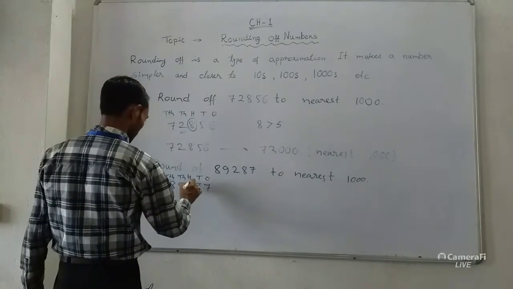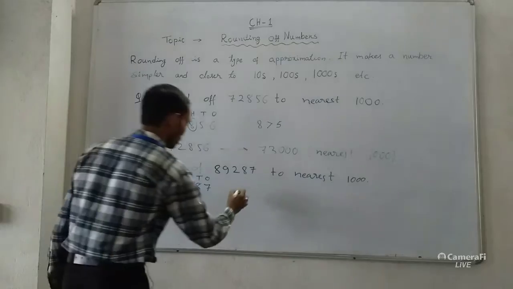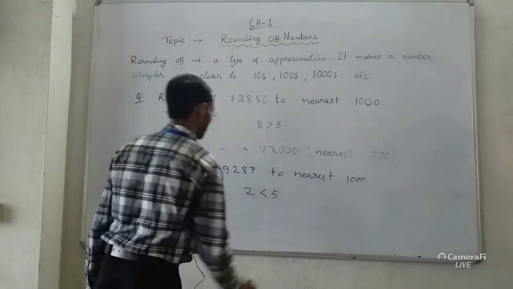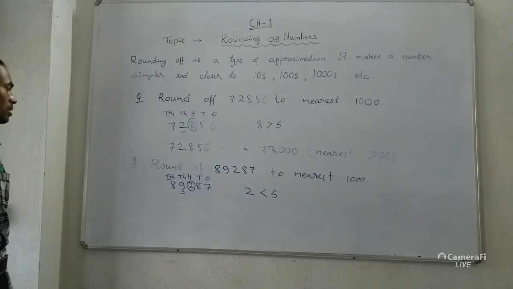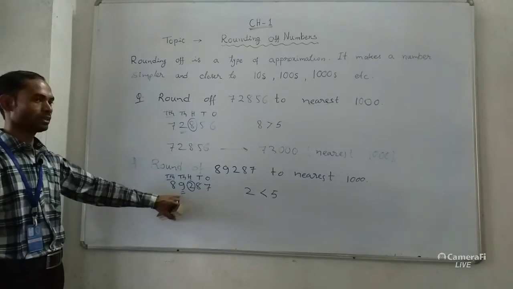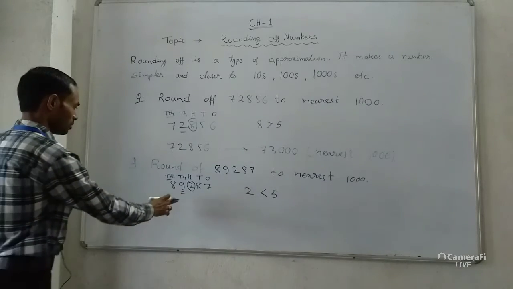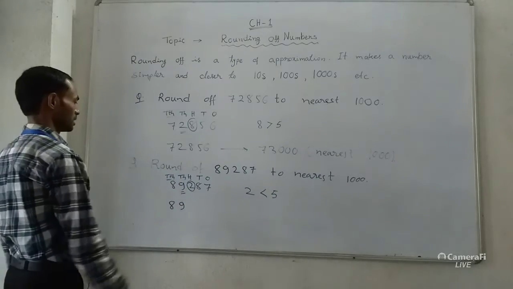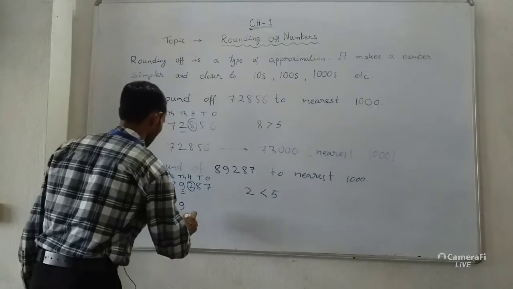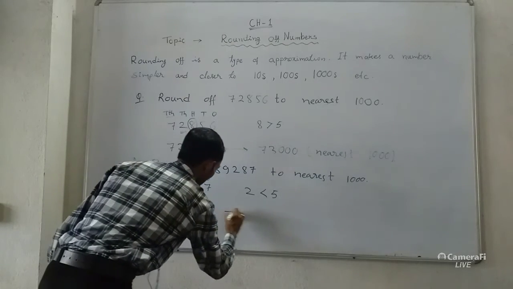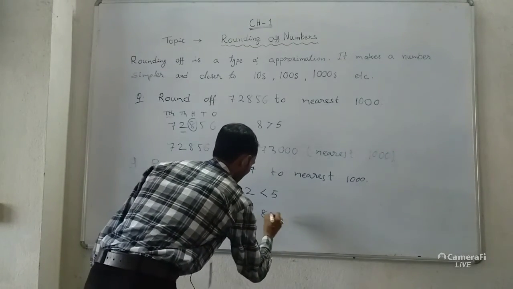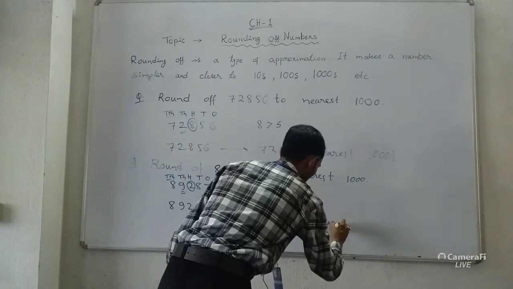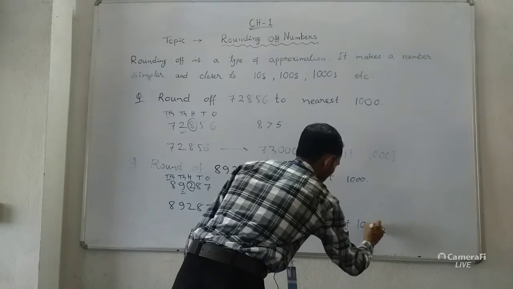Check the hundreds place digit, which is 2, and 2 is less than 5. So there will be no increase in the thousands place. So 9 will stay the same. The number becomes 8 and 9 remains 9. The remaining 3 digits will be 0. So this number becomes 89000, nearest 1000.